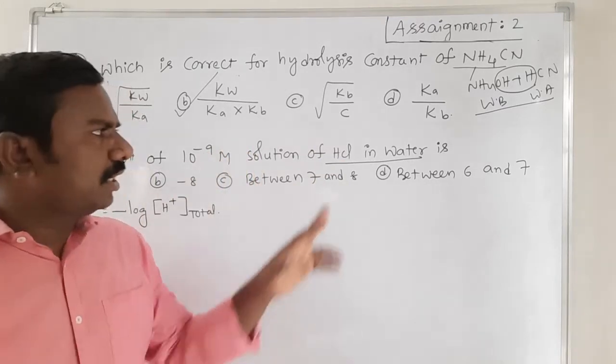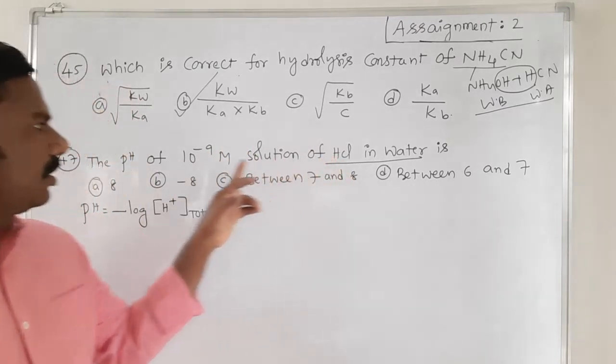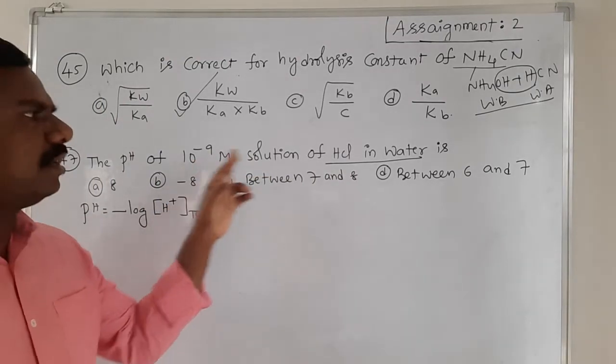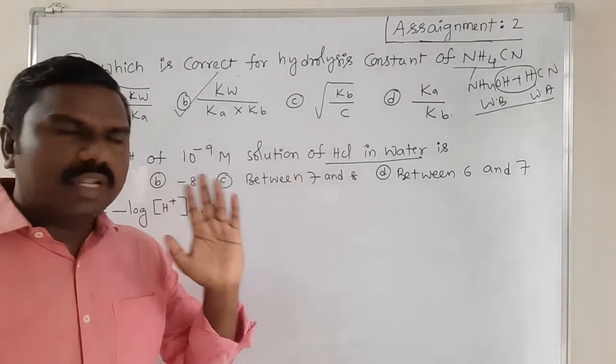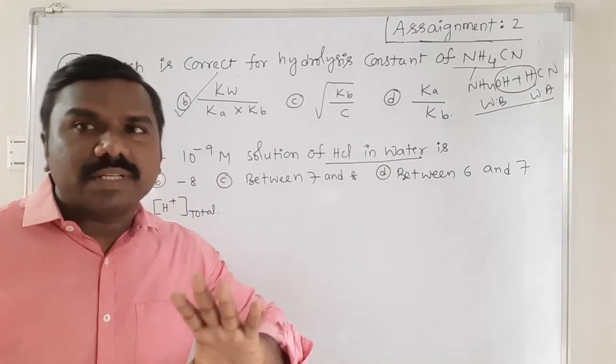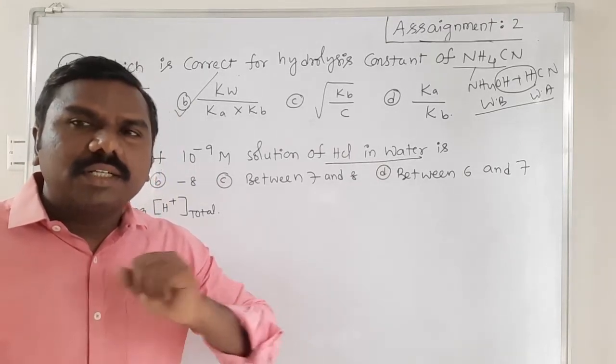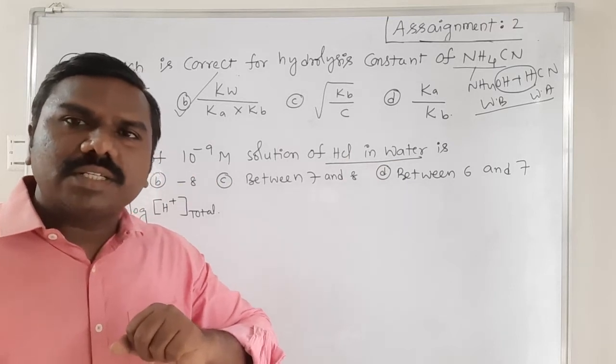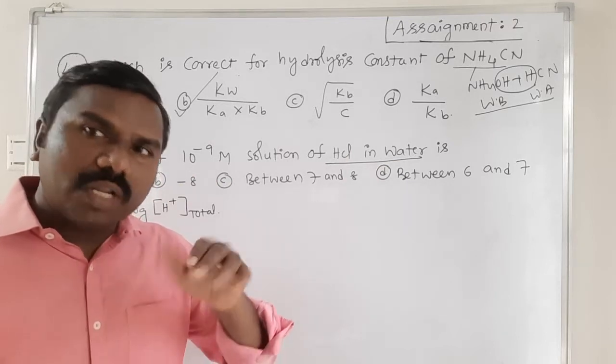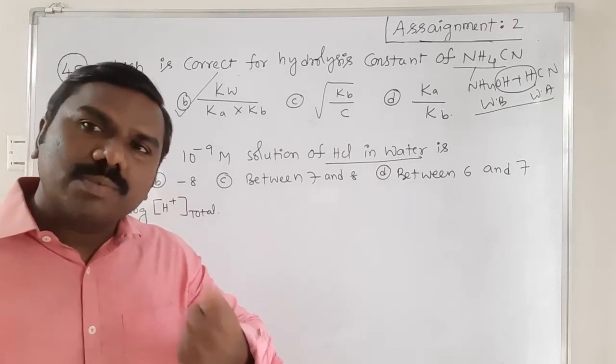You have to consider H plus ion concentration is 10 to the power of minus 9 from HCl. And in water also H plus ions are available, H plus and OH minus ions. For that, water H plus ion concentration is 10 to the power of minus 7, OH minus ion concentration also 10 to the power of minus 7.